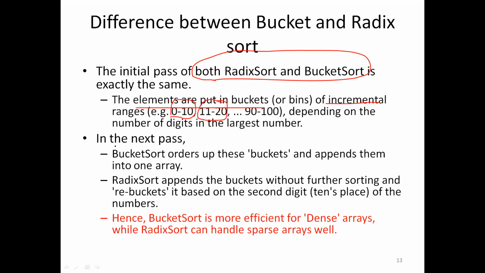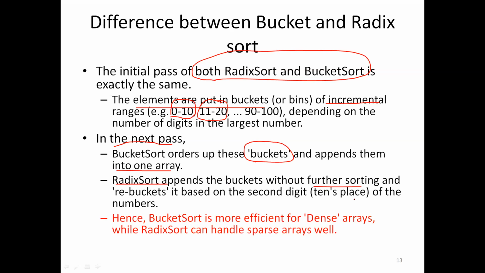From the second pass onwards, the bucket sort and the radix sort vary. In bucket sort, you will apply some algorithm within the bucket, combine the sorted results from each and every bucket, and form a single array. But in case of radix sort, without further sorting, you take the number of digits.